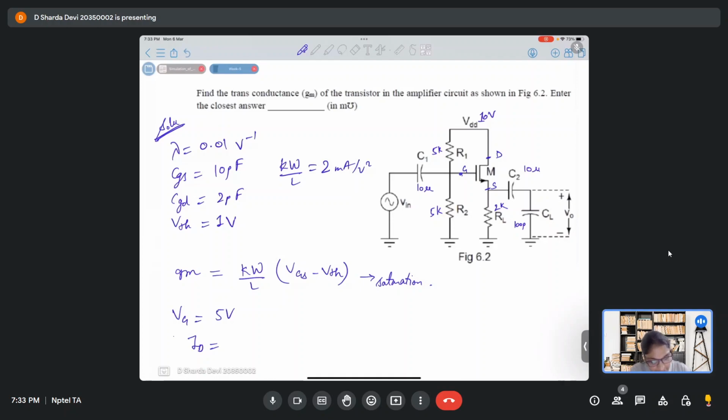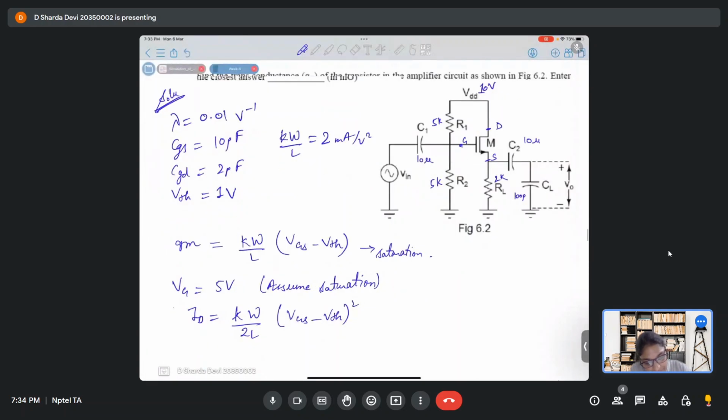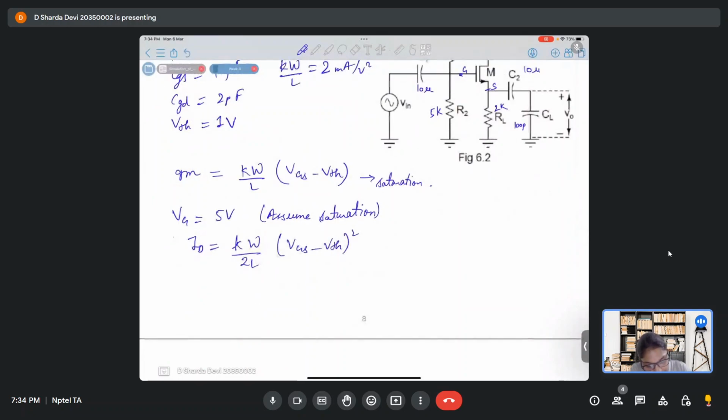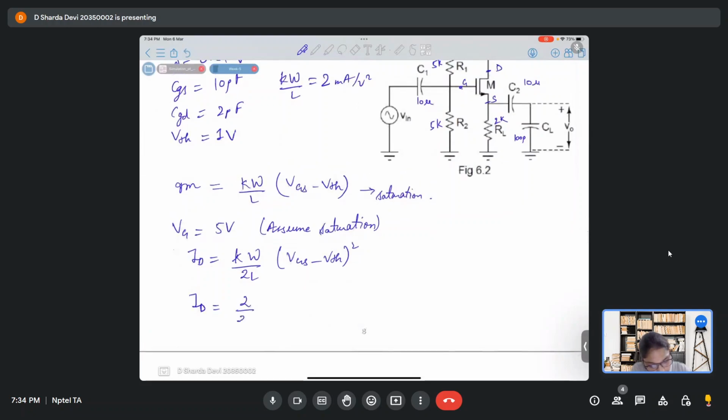So the current expression will be kW by 2L VGS minus VTH whole square. So ID is kW by 2L, which is 2 by 2 milliamps per volt square, times VG, 5, minus VS minus VTH, 1, whole square.